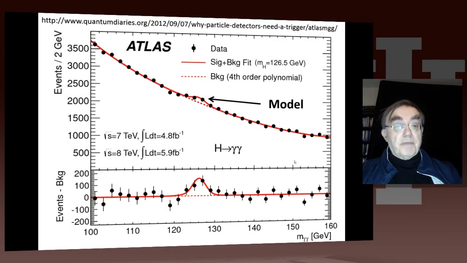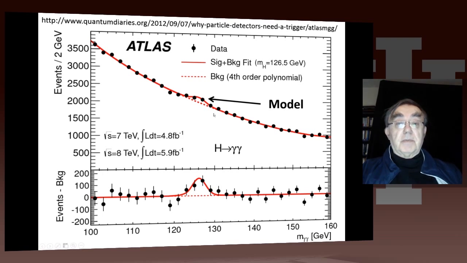Here is one of the famous pictures of the early discovery from 2012 of the Higgs particle. And you can see the Higgs particle is this bump here. Here, the dots are the experimental measurements, and the dashed and the solid red lines are a model.